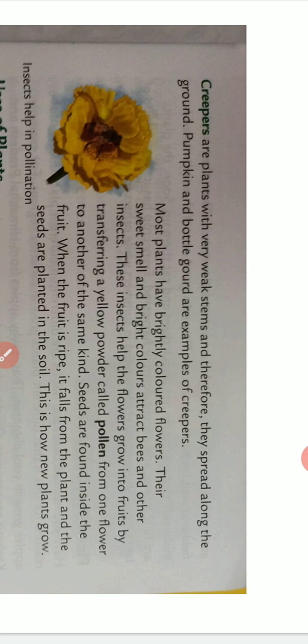So they are so weak that they can't even climb. Even if they climb, children, their fruits are so heavy that they have to be on the ground, otherwise the whole plant will break. Okay, so that is why they creep along the ground. Okay, and what are the examples? Pumpkin and bottle gourd, they are the examples of the creepers. Okay, children.